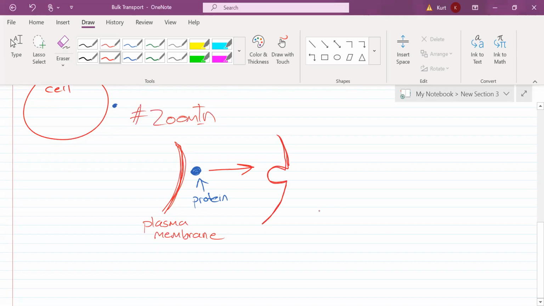Do any of you happen to remember what this little infolding is known as? Do you remember from last time? Go ahead. Invagination. Good job. Emmy, right? All right. Okay. So that is an invagination.